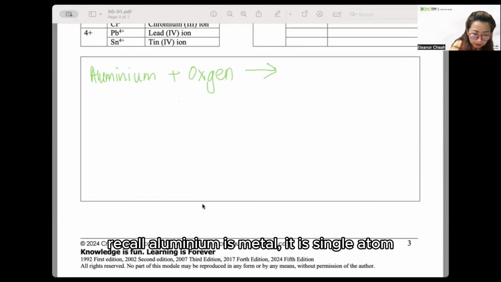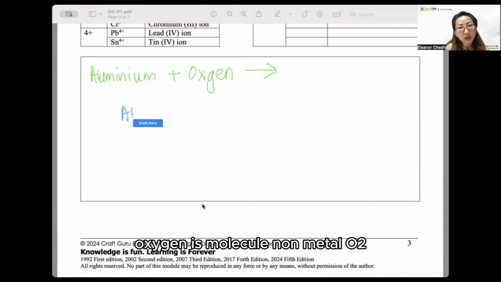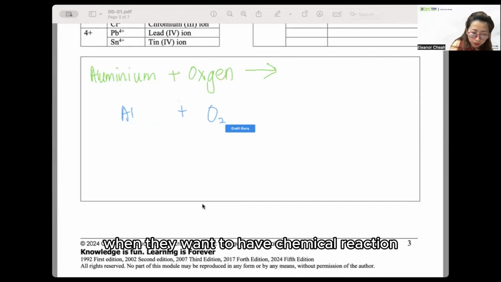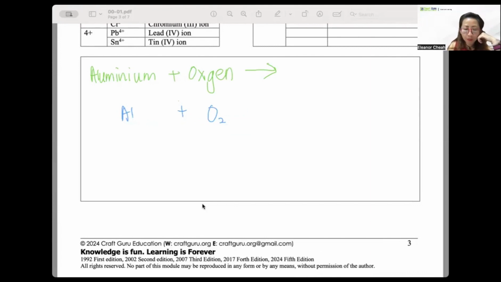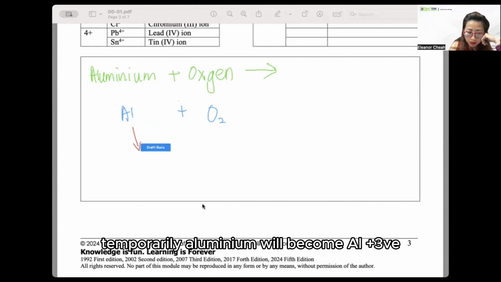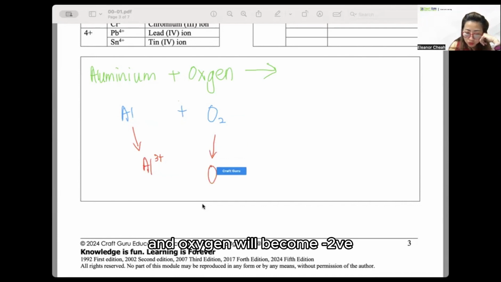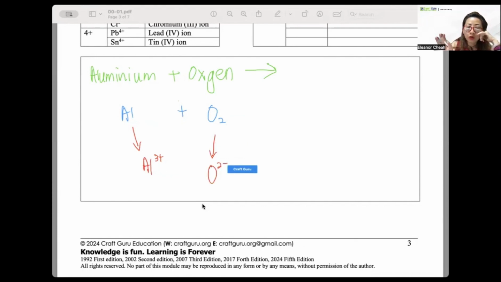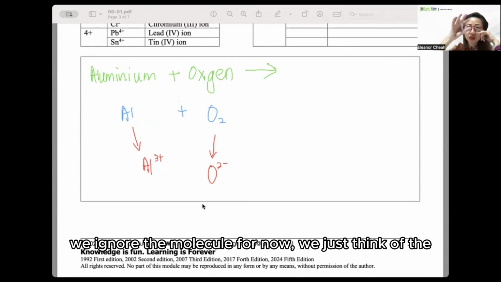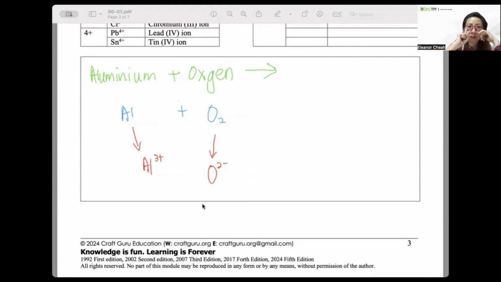It is a single atom. Oxygen is a molecule, non-metal, O2. When they want to have a chemical reaction, temporarily aluminium will become Al3+ and oxygen will become 2-. We ignore the molecule for now. We just think of the ion, the form of the ion.